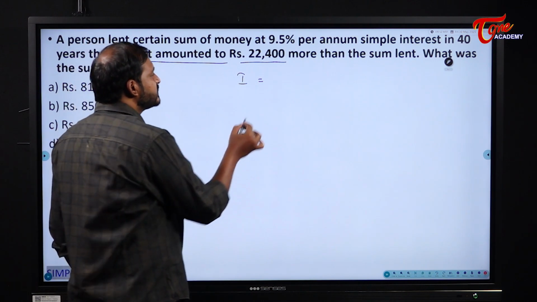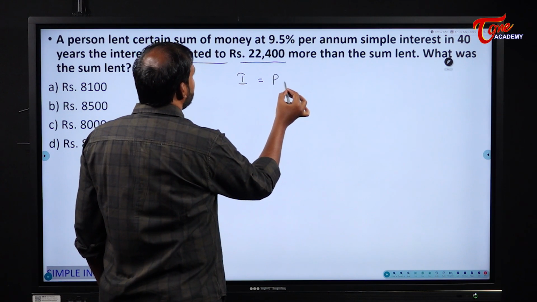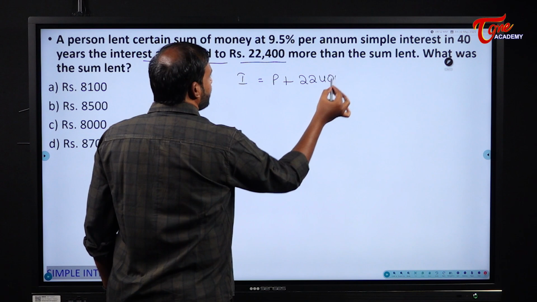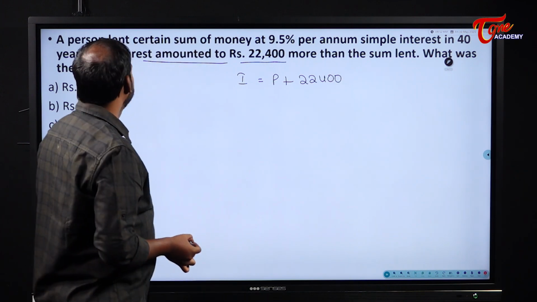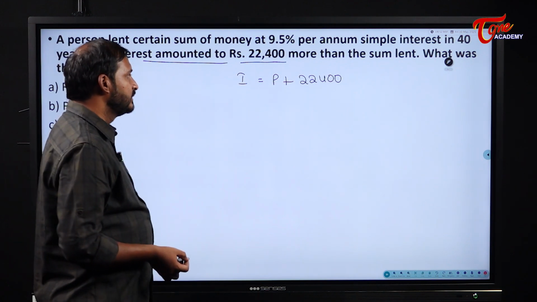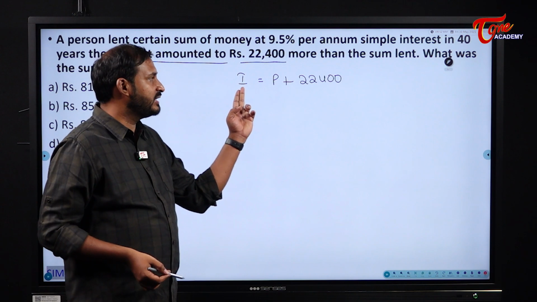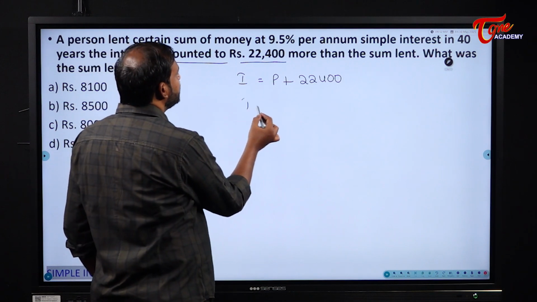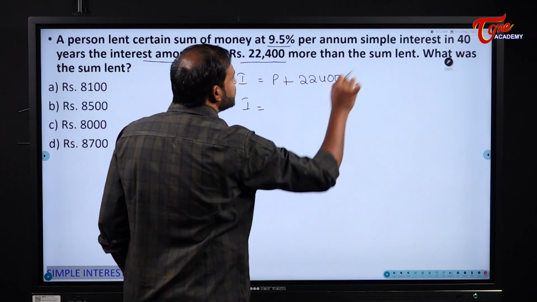Interest will become what in this case? Principal plus 22,400. Why? Because he is saying that interest amounted to 22,400 more than the sum he lent. Okay, I have written the relation between interest and principal. Now what is the interest? You should get 9.5% in 40 years.